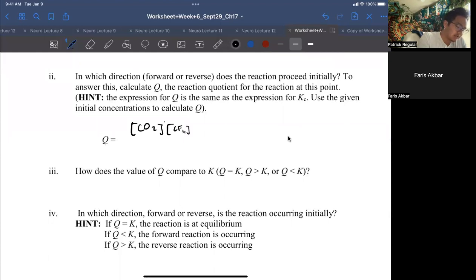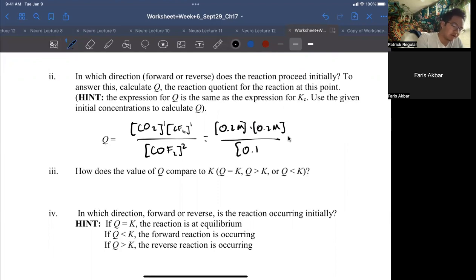So if our initial concentrations were 0.2 molarity and 0.2 molarity over 0.1 molarity squared, that ratio is 4.00.